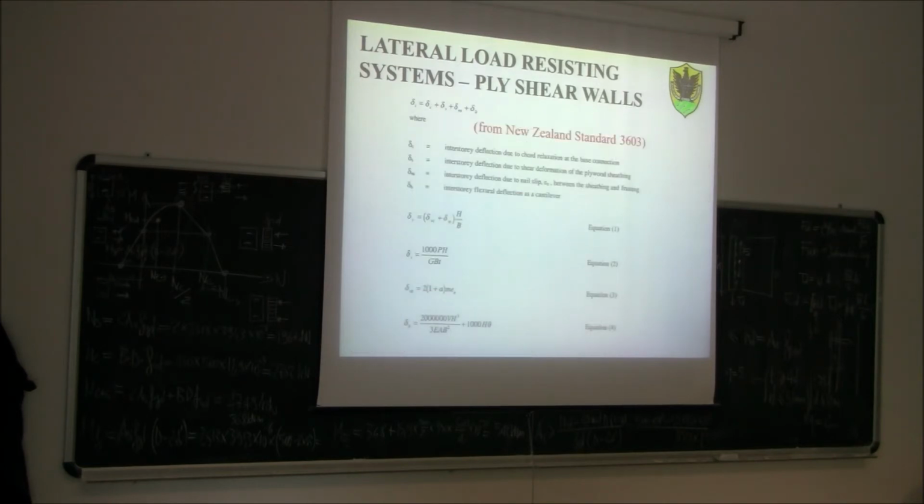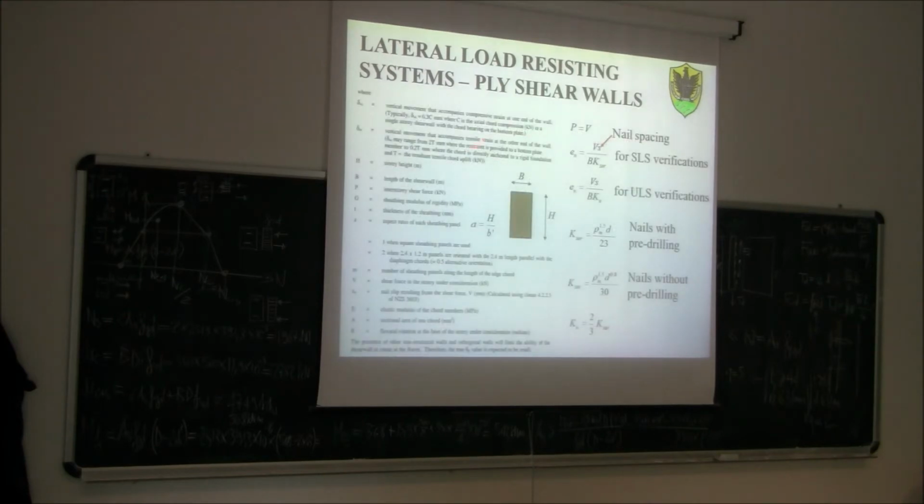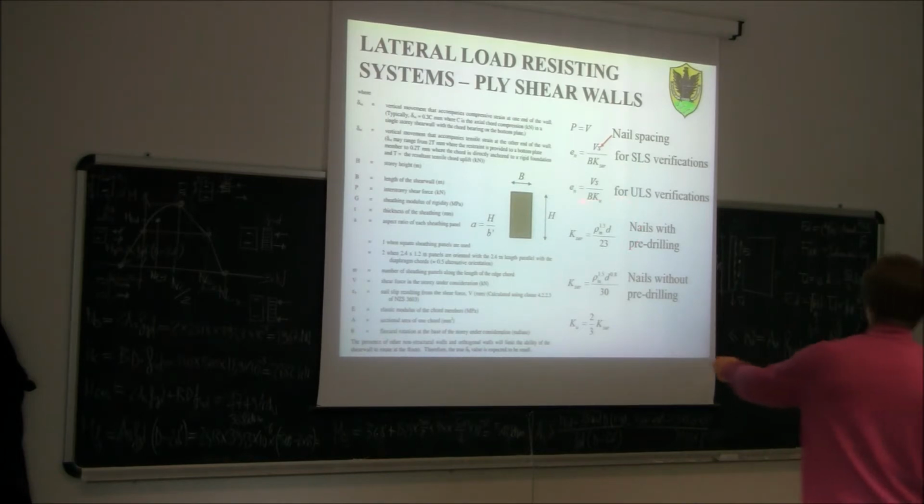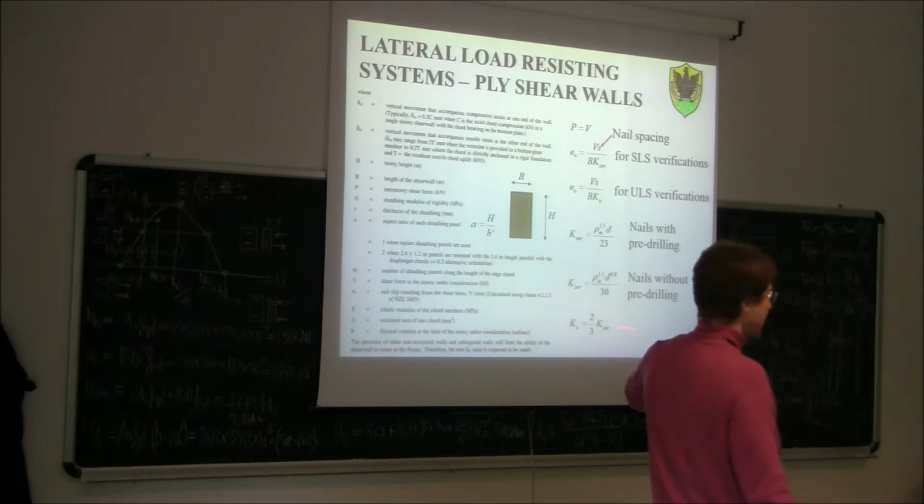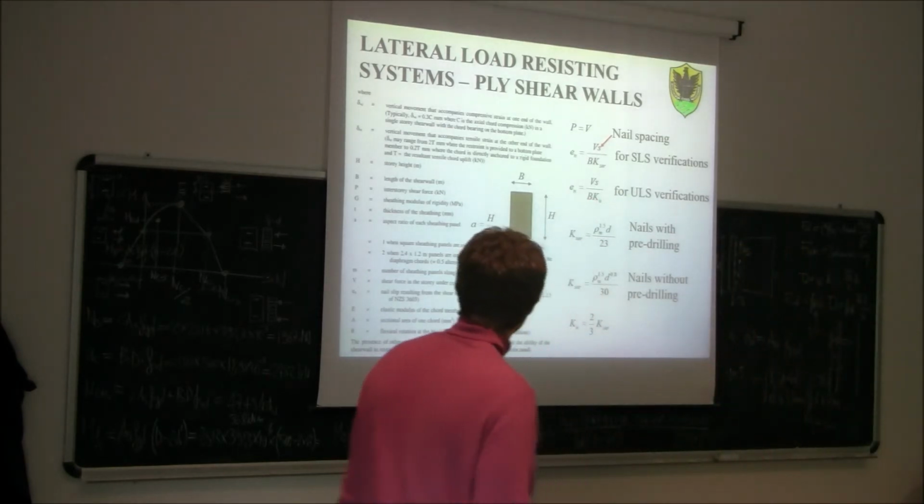When it comes, for example, to the nail slip, the deformation depends on the slip that we have in the nail, e_n. And the slip in the nail is given by V, which is actually not the shear but the seismic force, times s, the nail spacing, divided by the breadth of the wall and divided by the slip modulus of the nail itself. The slip modulus of the nail can be calculated with this formula, the same empirical formulation you can see here.